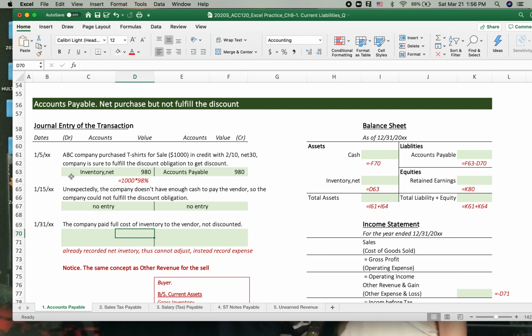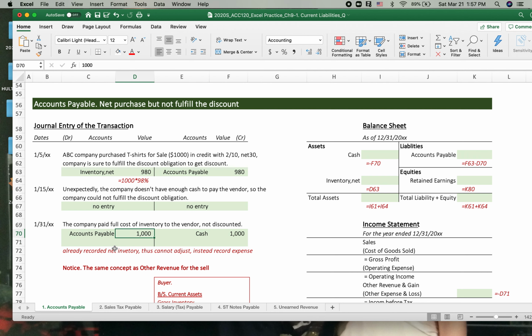But when they pay 26 days later, forfeiting the discount term of 2/10 net 30, how much do they have to pay? That's right, $1,000. Correct answer. Then accounts payable. Now, if you put $1,000, we have a problem. When you pay $1,000, in order to match the debit and credit, let's put simply 1,000.